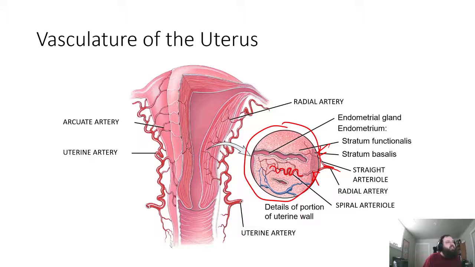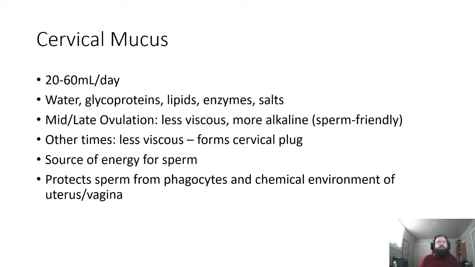The straight arterioles are more permanent because they are supplying the stratum basalis with the materials that the stratum basalis needs to regenerate the stratum functionalis. The blood leaving the uterus, it's not shown on here, I don't think. Oh, well, you can see a little bit of a vein down there. The blood leaving the uterus is drained by uterine veins, which then feed into the internal iliac veins.